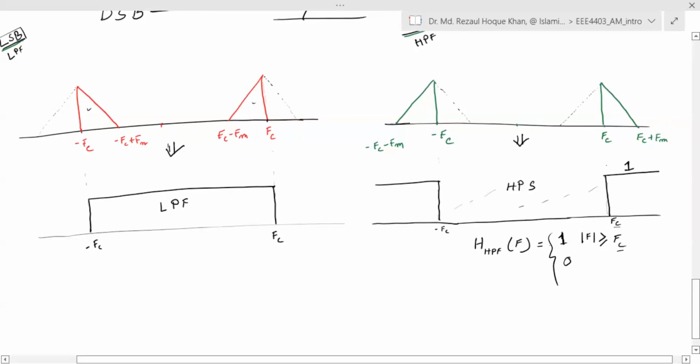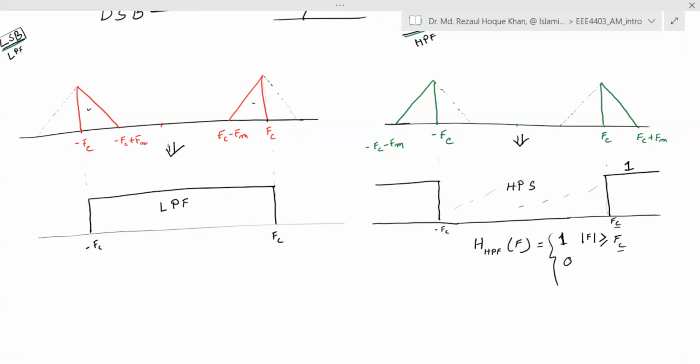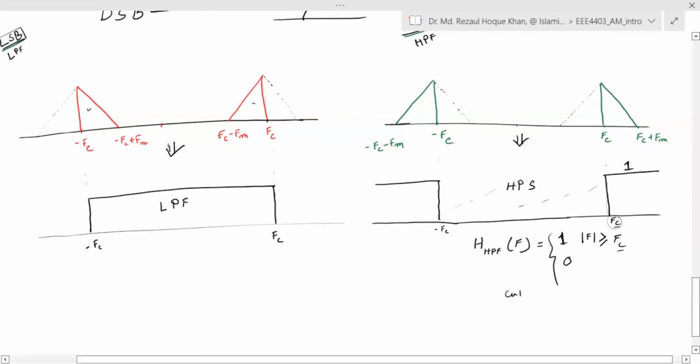So if this is the transfer function, then this will be the transfer function of this high pass filter, where we can see FC is the cutoff frequency here. So the cutoff frequency of this high pass filter is FC.